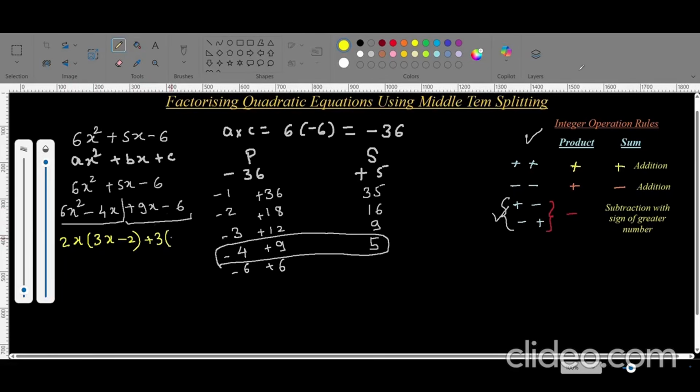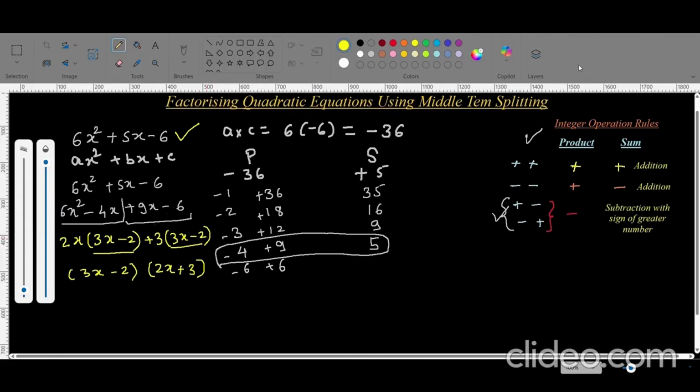So this gives us 3x minus 2. Now these two, 3x minus 2, are common terms. So I'll take them as one, and 2x plus 3. So our given quadratic 6x squared plus 5x minus 6 can be factorized using middle term splitting as 3x minus 2 into 2x plus 3.